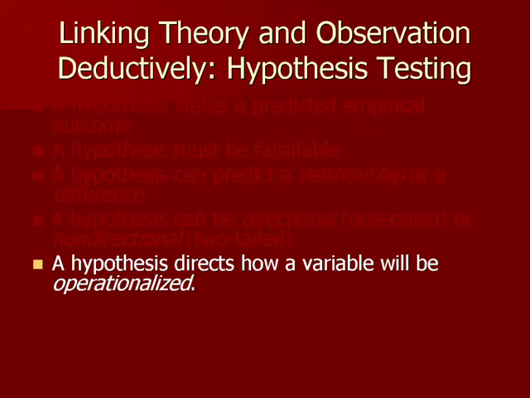A hypothesis directs how a variable will be operationalized. Again, short slideshow, a lot of really key terms in this chapter. Operationalization is simply taking a variable and breaking it down into a series of steps so that it can be measured. For example, flirting. Flirting is a form of communication.